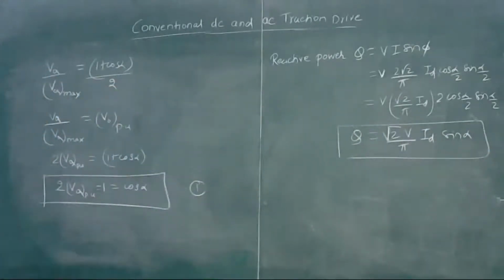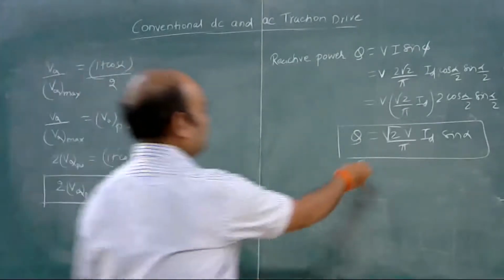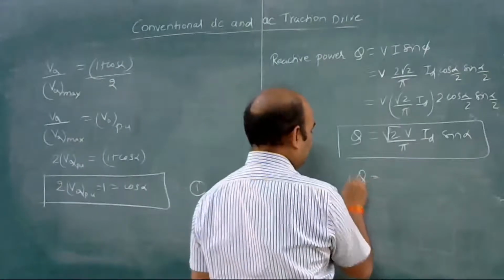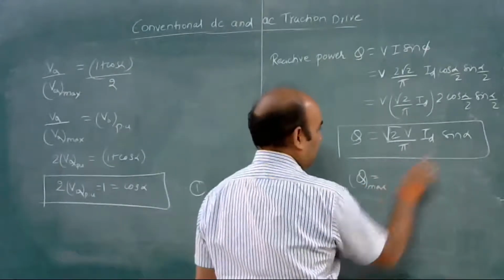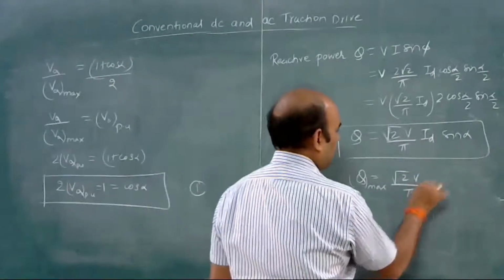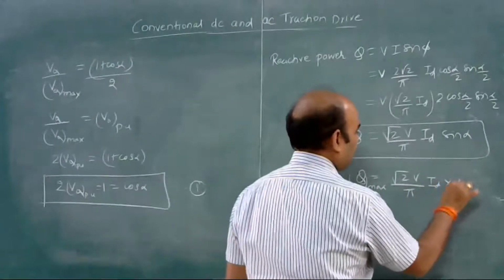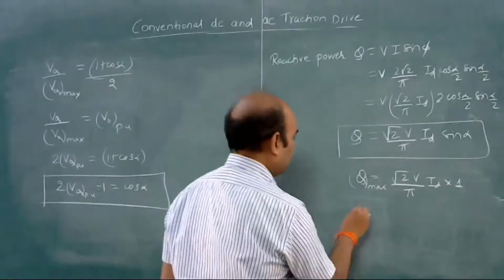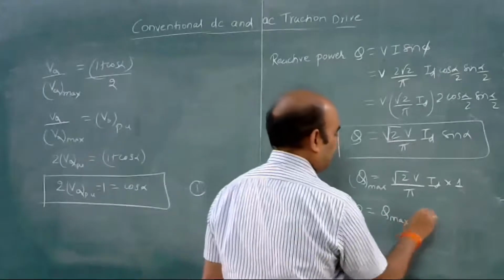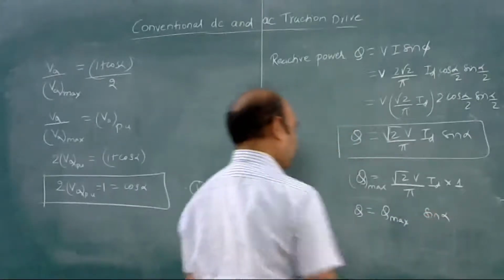And we can write Q maximum, which occurs when sine alpha is 1, as 2 root 2 V ID by pi into 1. So we can substitute here: Q will be equal to Q max into sine alpha.